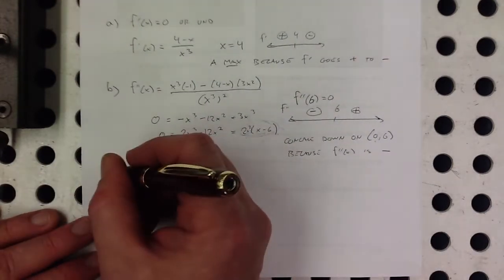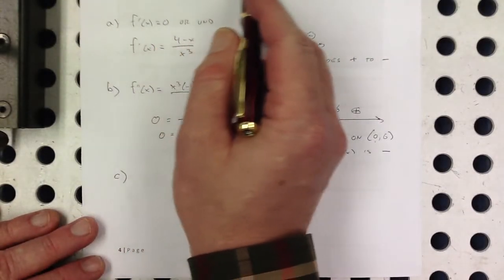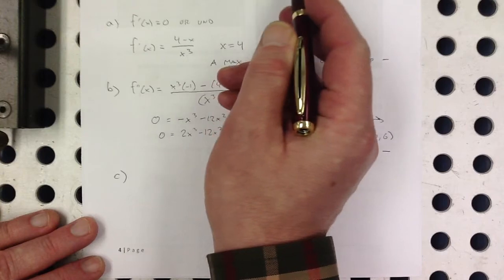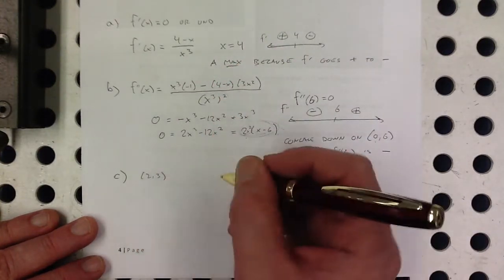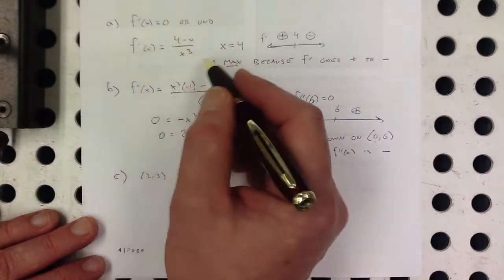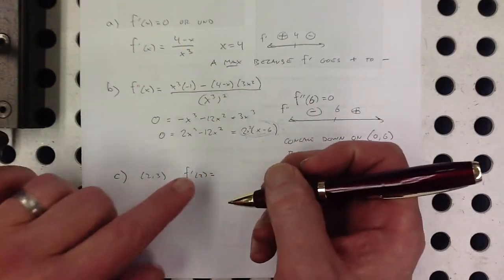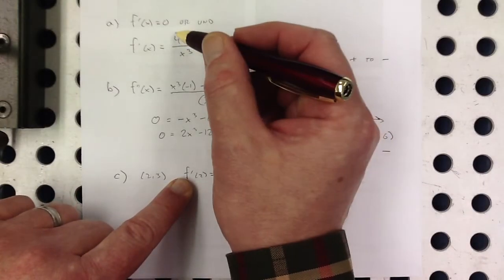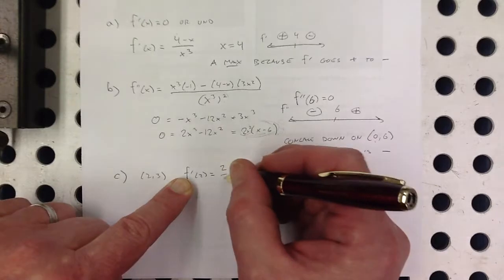All right. C. Given that f of 2 is equal to 3, write the equation for the tangent line to f of x at x equals 2. So I've got the point 2 comma 3, and I know the derivative. I have it right here, right? So f prime of 2 is equal to, plugging 2 into this, 4 minus 2 over 2 cubed.